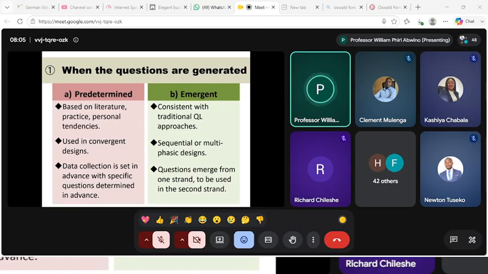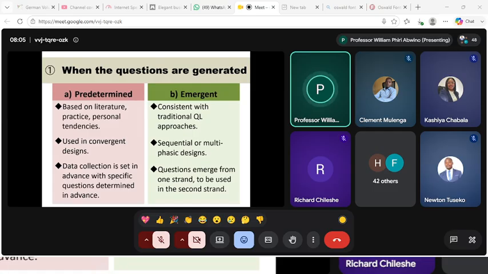So based on the literature, based on practice, based on personal tendencies, or used in convergent designs, sometimes data collection is set in advance with specific questions determined in advance, or emergent.